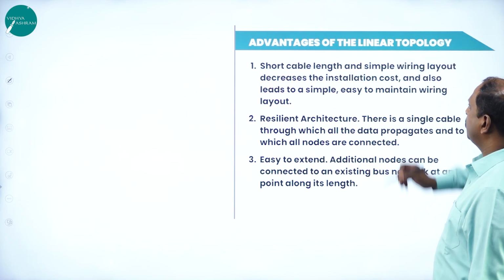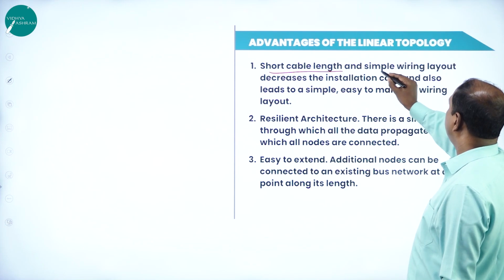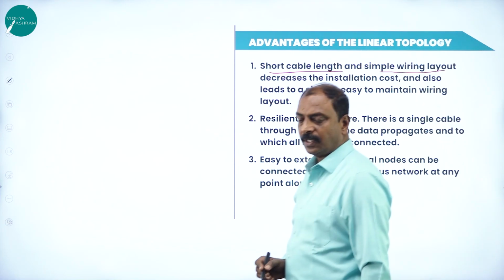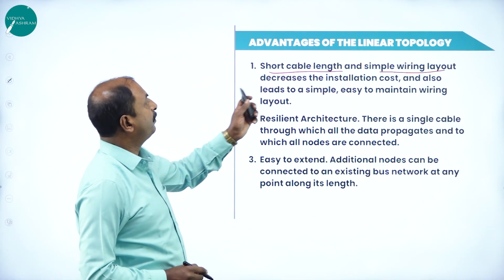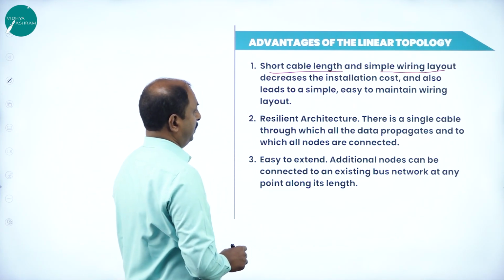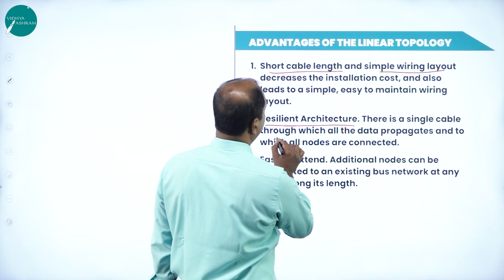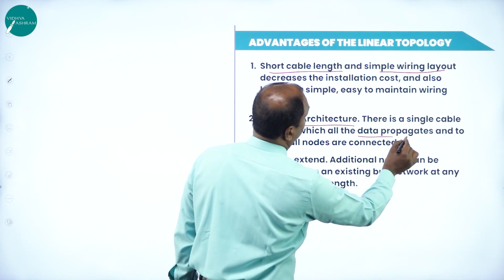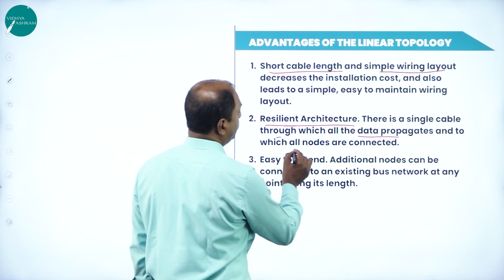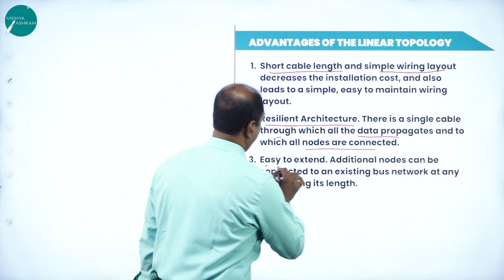Now what are the advantages of this? A short cable length and simple wiring layout. The advantage is that it takes a very minimum or short cable length and minimum configuration. And it has a resilient architecture, meaning there is a single cable through which all the data propagates and to which all the nodes are connected, and it is easy to extend.